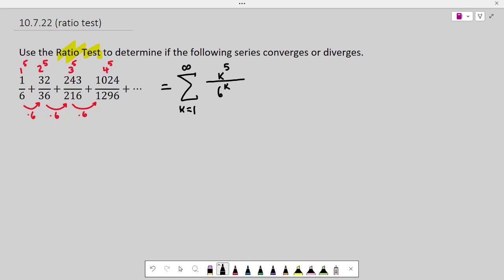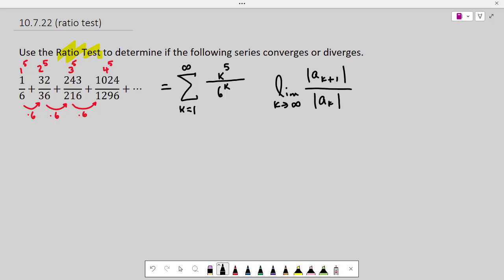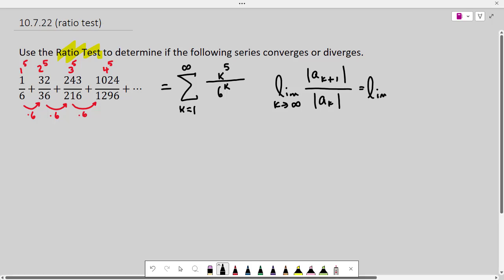There's a sub k. The ratio test says take the limit of the absolute value of the consecutive terms. There's our ratio test form. Okay, let's see. We get the limit: a sub k plus 1 is going to be k plus 1 to the 5th divided by 6 to the k plus 1.